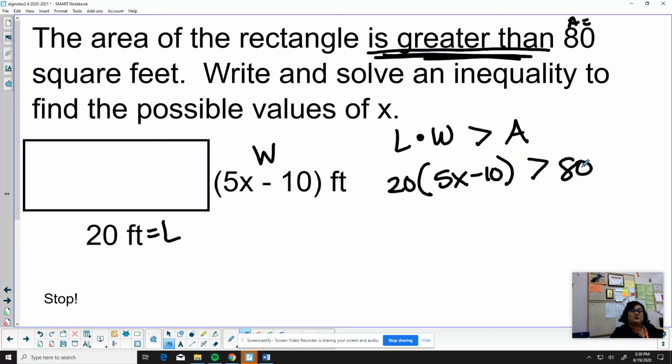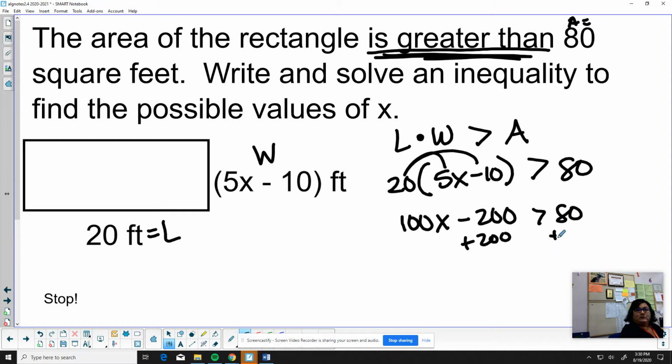So this is just using the distributive property. So 20 times 5x is 100x. And 20 times negative 10 is negative 200. That side just drops down. Now I'm going to add 200 to both sides. So 100x is greater than 280.